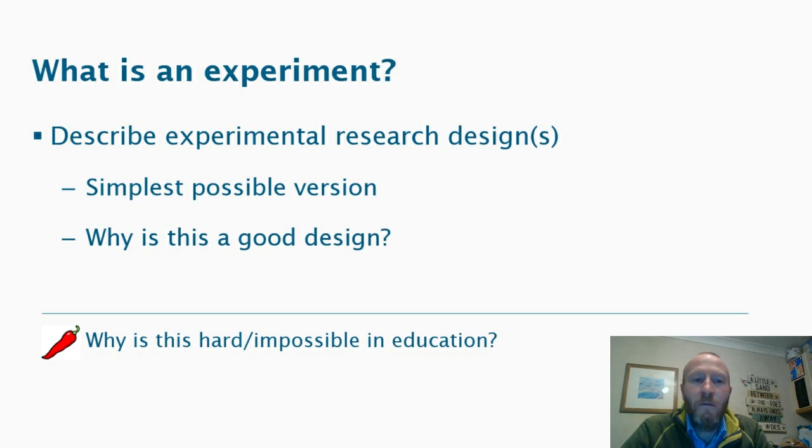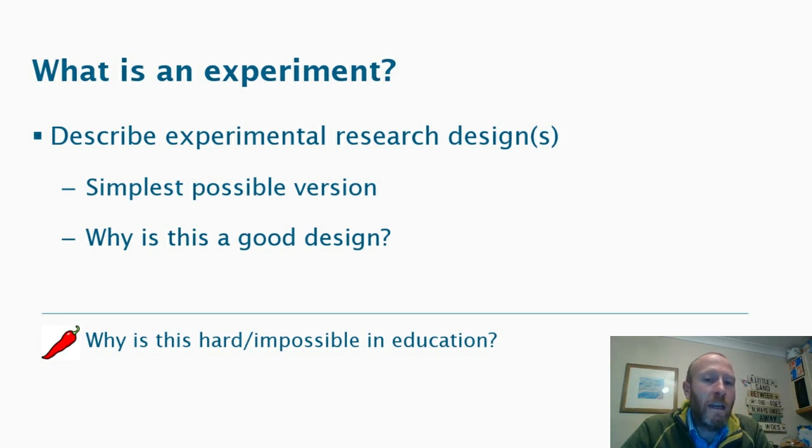Okay, and I'm thinking that you may well have come up with something along the lines of a simplest possible version of an experiment is where you change one thing, one variable, which in science we'd call the independent variable, and you keep everything else the same apart from one other thing which you're measuring, and we would call that the dependent variable in science.